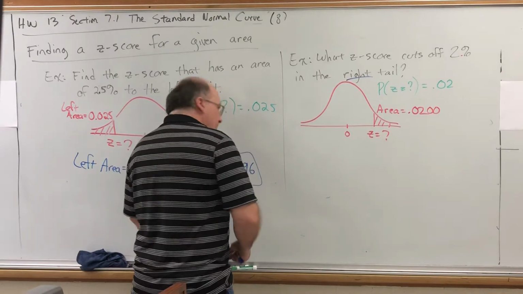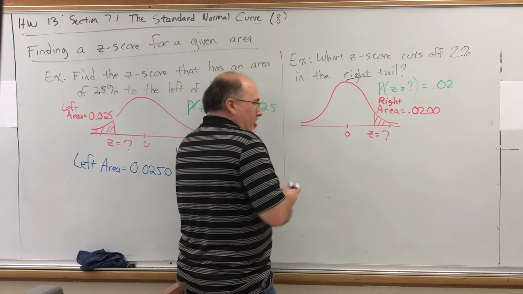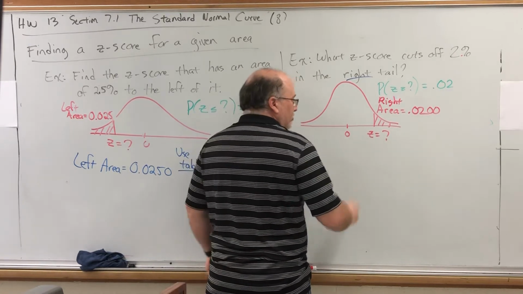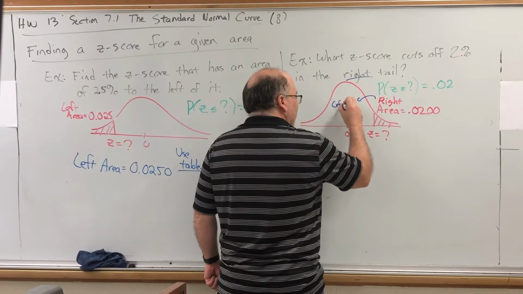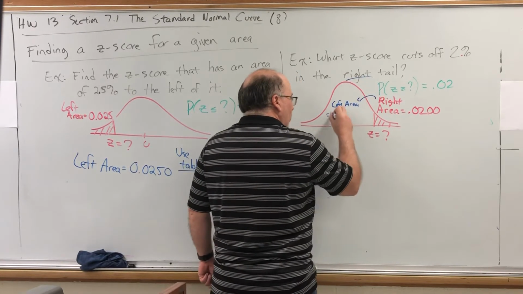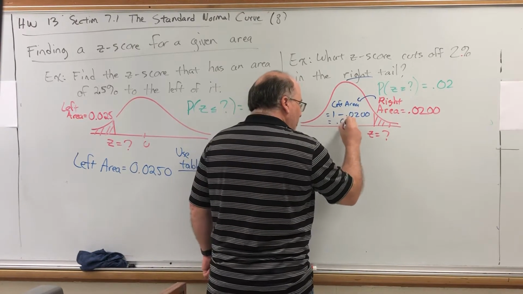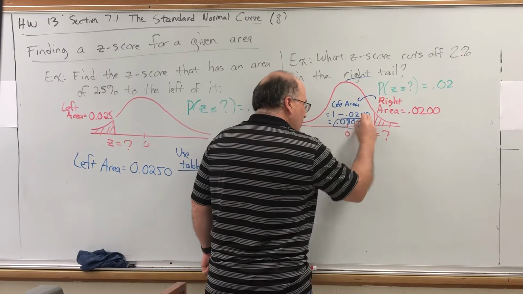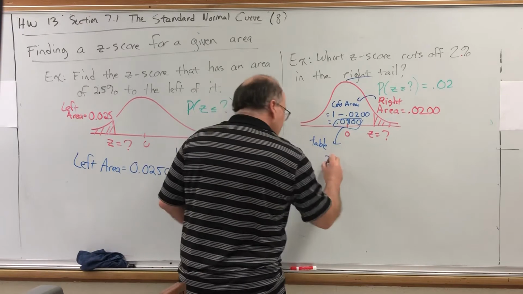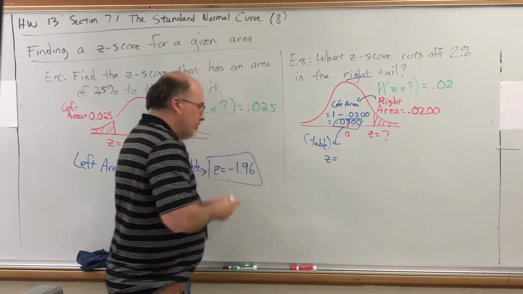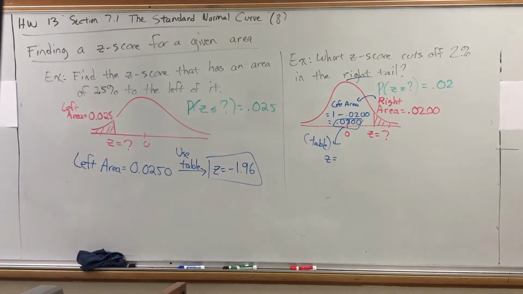Because the right area, and I should have written the word right there, is 0.0200, that tells us that the left area is equal to 1 minus 0.0200, which is equal to 0.0800. So this is what we would look up in our table. So let's go back and look up 0.0800 in the table, and we'll find our z-score.